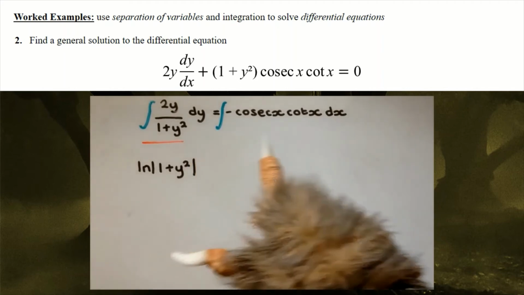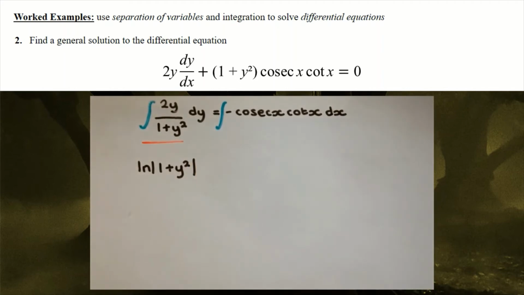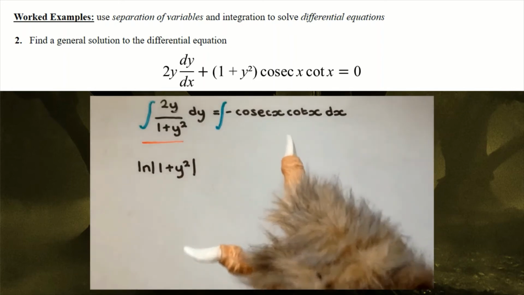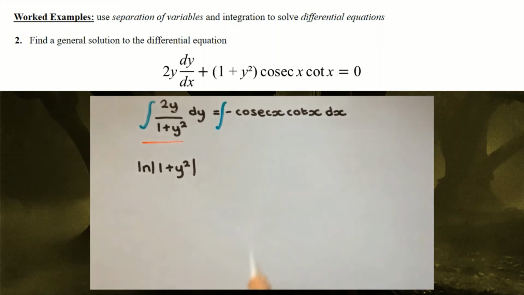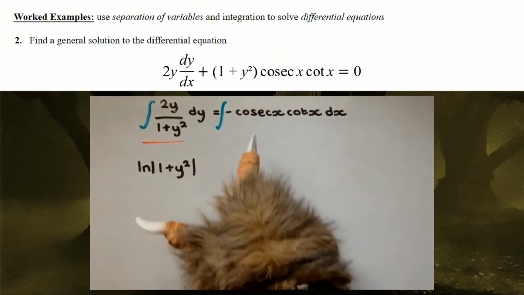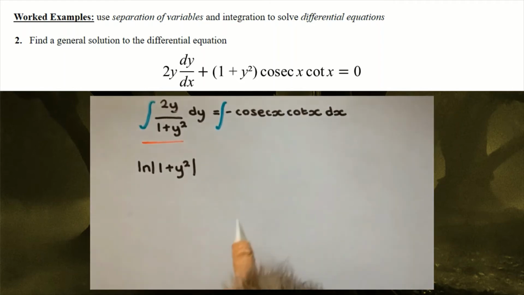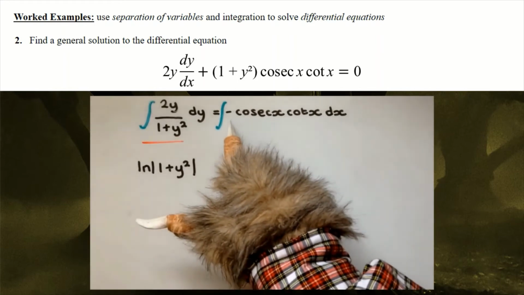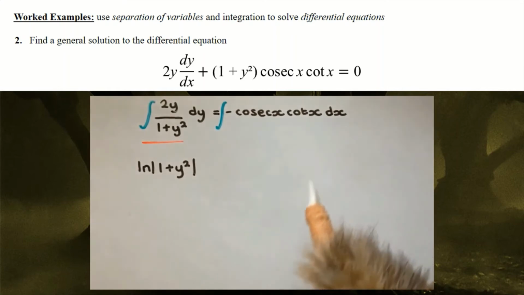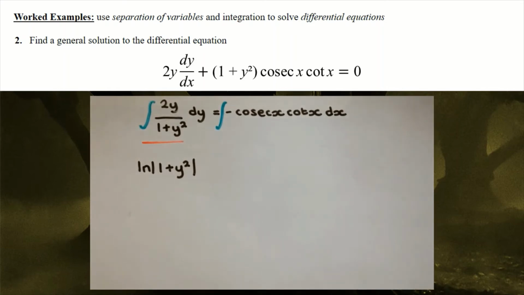On the right hand side, this looks horrendous. Now this would be a good opportunity, when you see trig products like this, and we have the reciprocal trig functions as well, to turn to your formula book, and if you do that, you will notice that this, including the negative, is a standard result. So there's no need to worry.